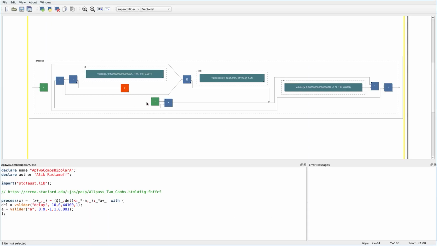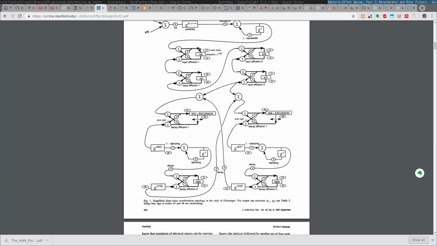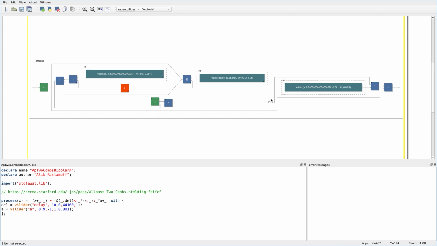We have an input signal X. It goes to the output and gets multiplied by this A slider here. In SuperCollider this will appear as just the input called A, the same thing that we have here, this multiplication. The same signal goes to the feedback, where it gets delayed by the delay parameter, and this delayed signal goes straight to the output.